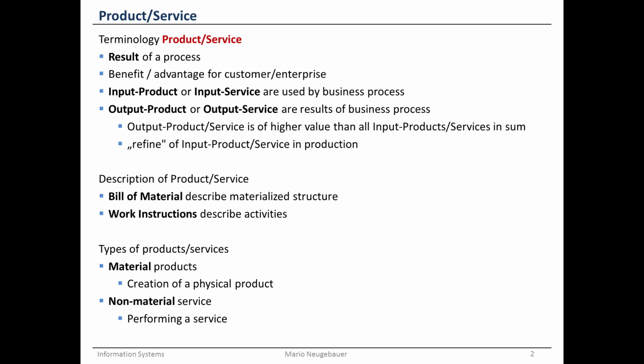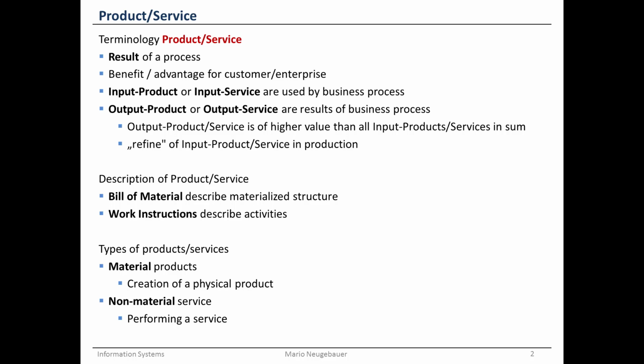Another type of result in your business process might be a non-material thing. So, for example, if you work in logistics, then you don't deal with physical products. You deal with transporting physical products, transporting packages, for example, or transporting letters.